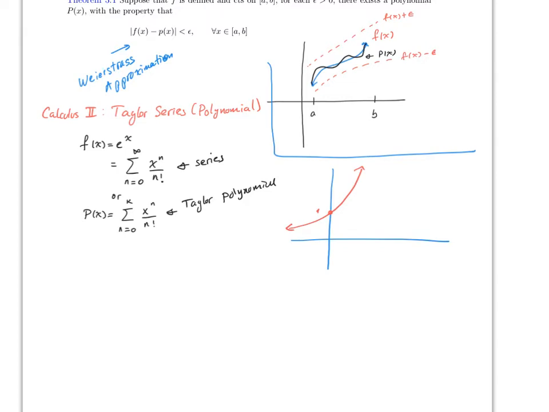Now, from here, let's say that k is equal to 4. You're going to go only to the fourth term.